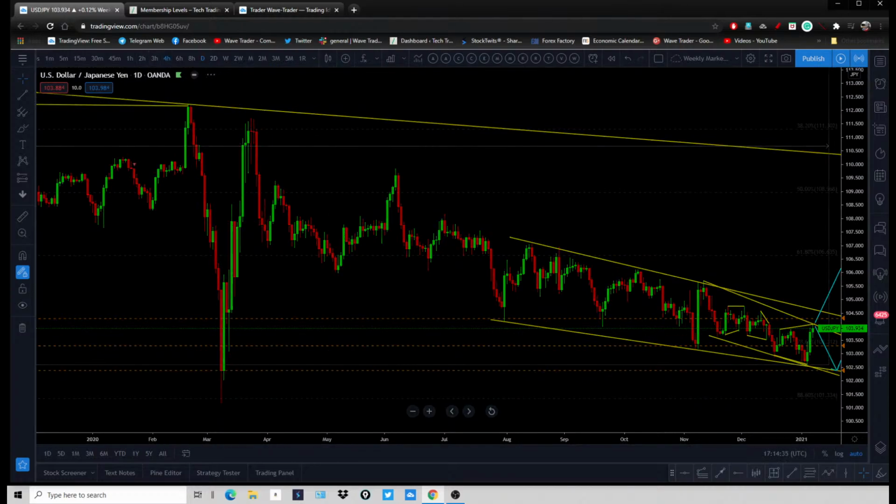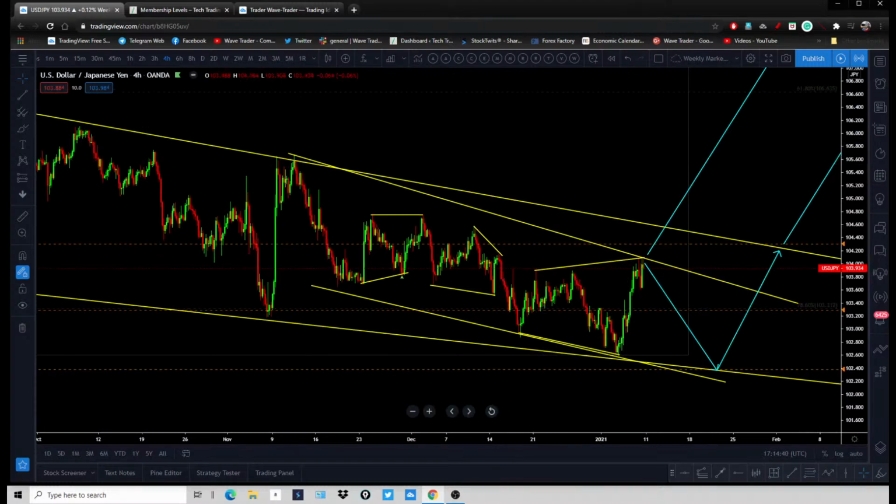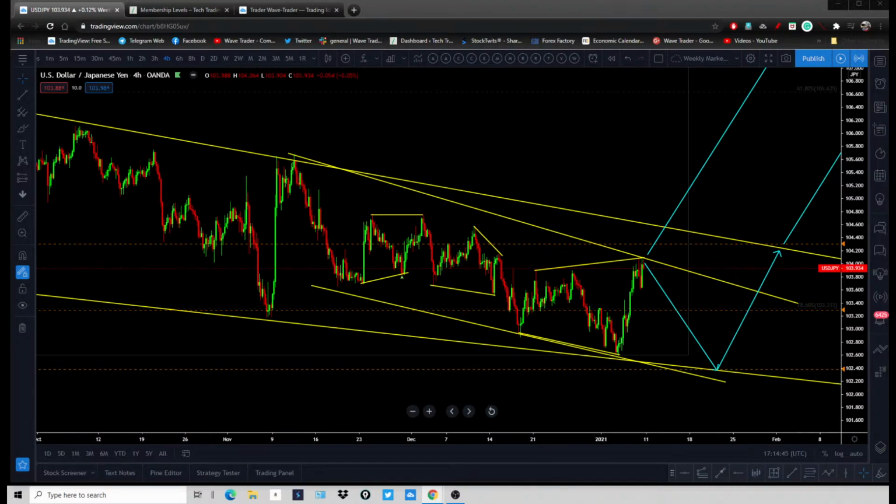Let's go to the lower time frame. Let me check if I do have a dollar yen chart. Similar way you should trade on the dollar yen. Let me check quickly. I'm trying to find it.